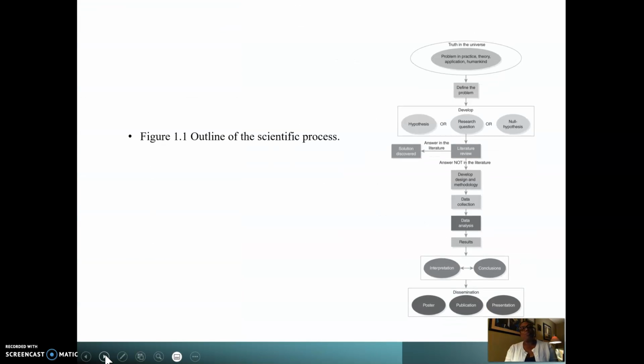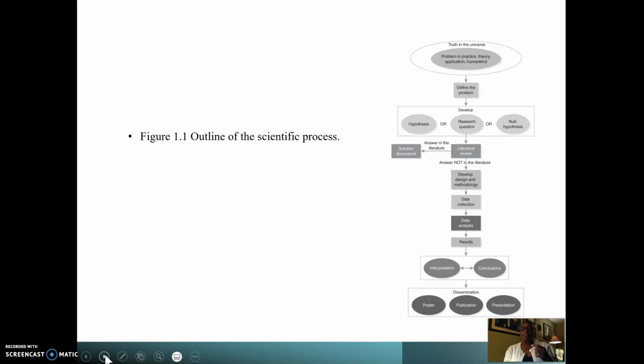Now, this is figure 1.1, on page 8 of your textbook. It's an outline of the scientific process. The scientific process begins with the truth that is within the universe and the identification of a problem. It moves down to defining the problem and then developing a research question, a hypothesis, a null hypothesis. Most of you will be developing a question.